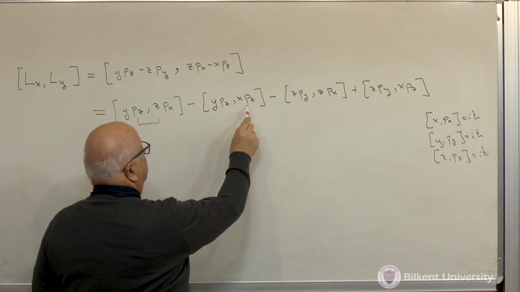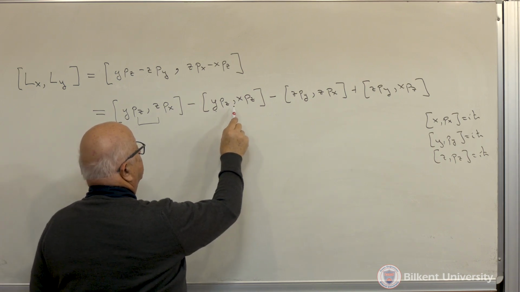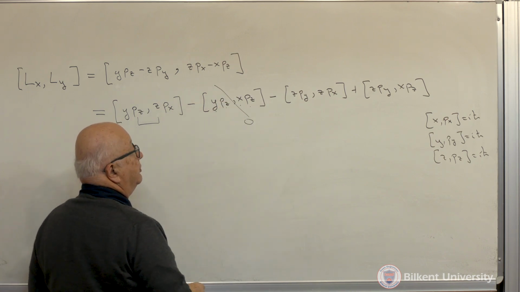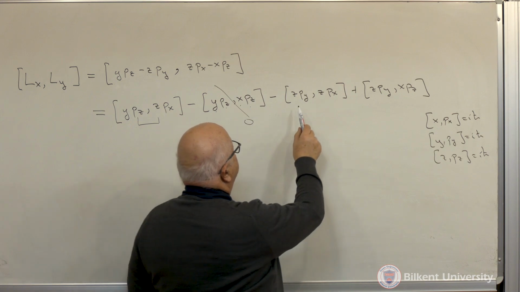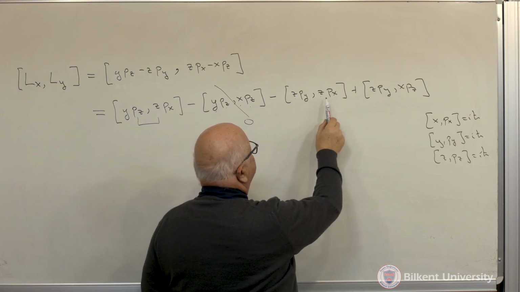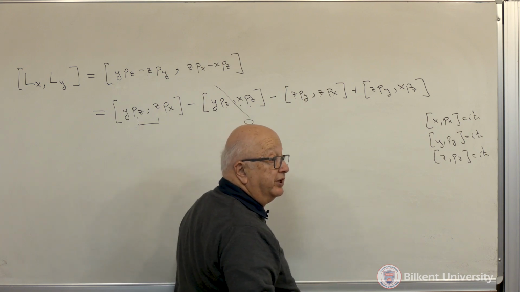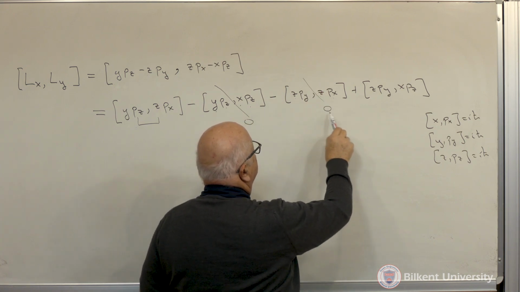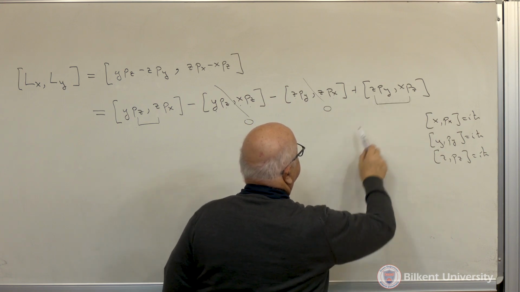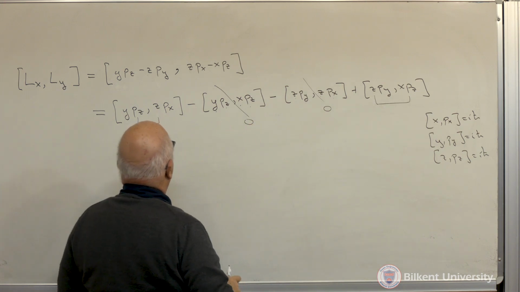Over here, everything commutes. y, pz commutes with itself, so this is 0. Over here, I have z and z, obviously it commutes with itself. py and px are in different directions, so that's 0. So I only have the z and pz term here and that over here.